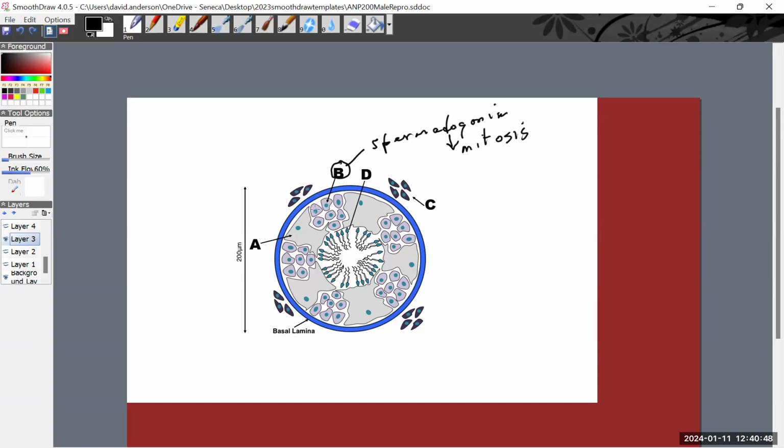So if we start with this cell, two daughter cells, one daughter cell is going to be pushed away from the basement or the basal layer, and the other is going to remain to be able to undergo continued mitosis. This one that we just introduced here would be known as the primary spermatocyte.